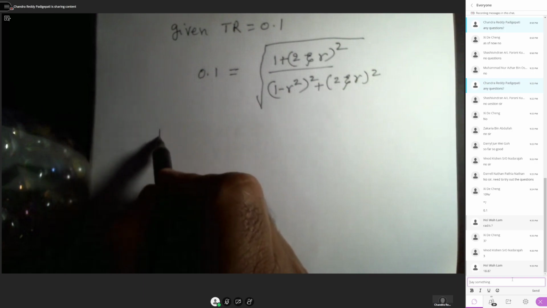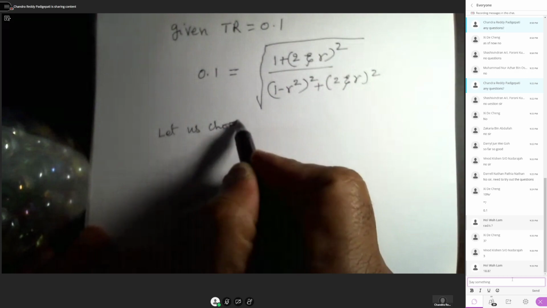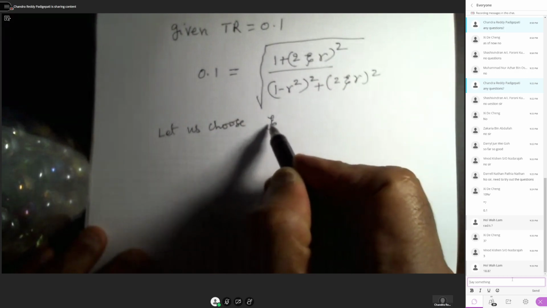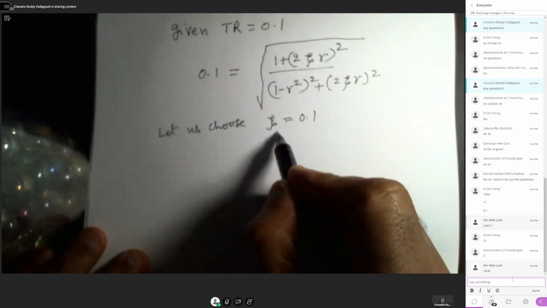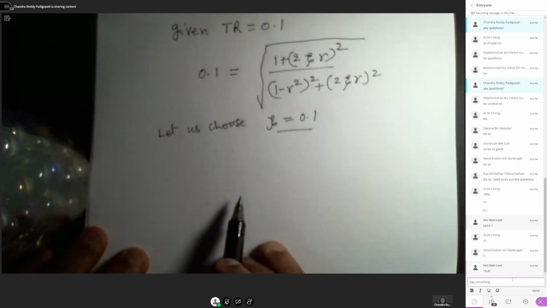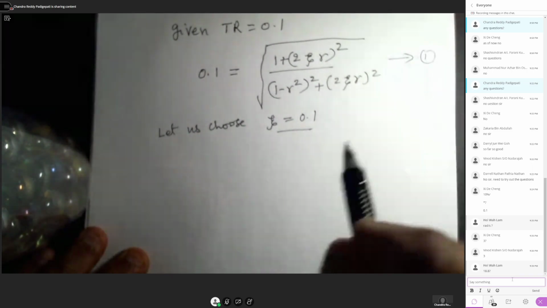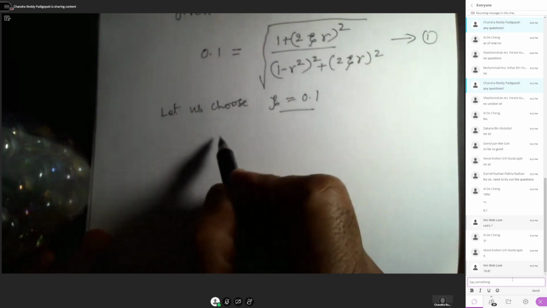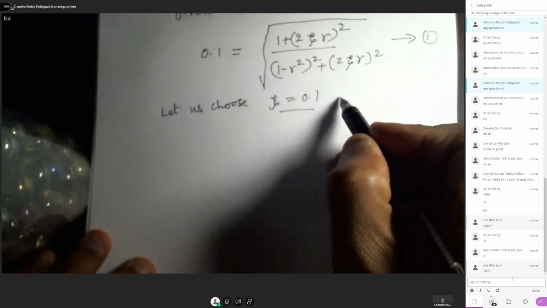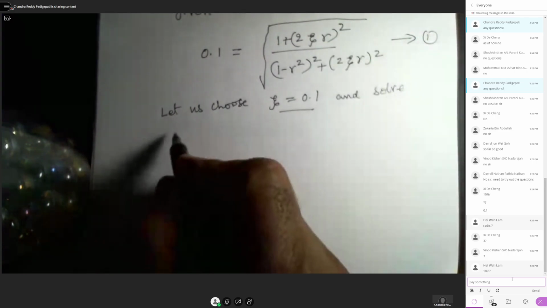Now let us choose a low damping ratio of 0.1 and solve equation 1 above.